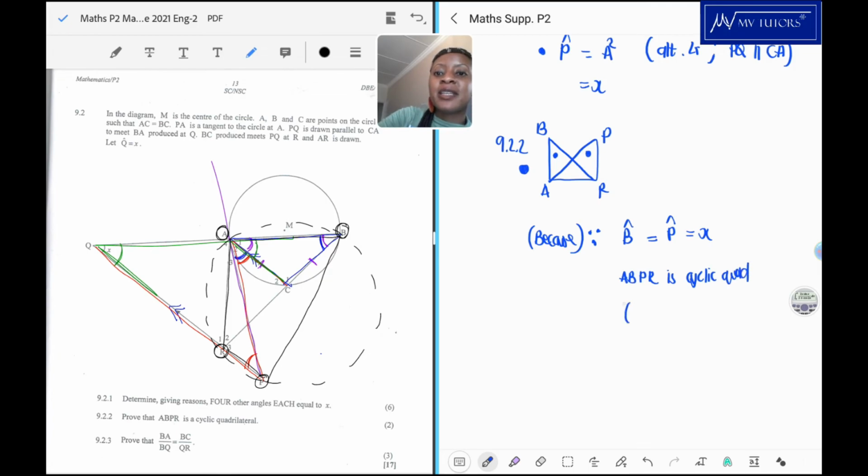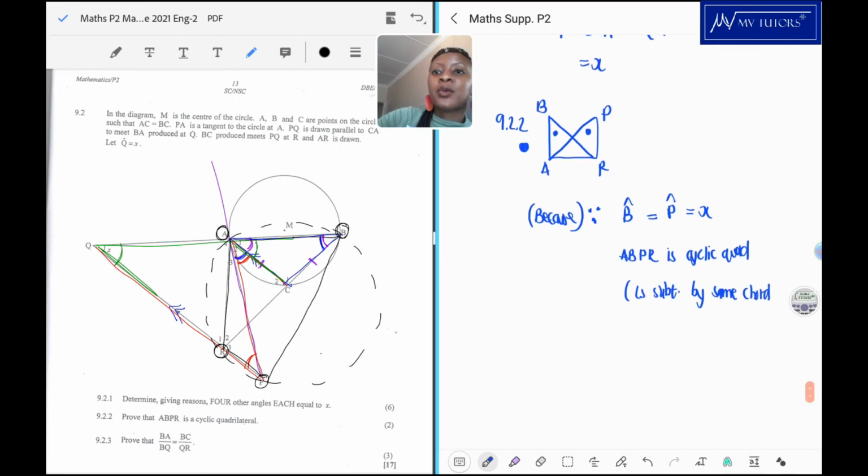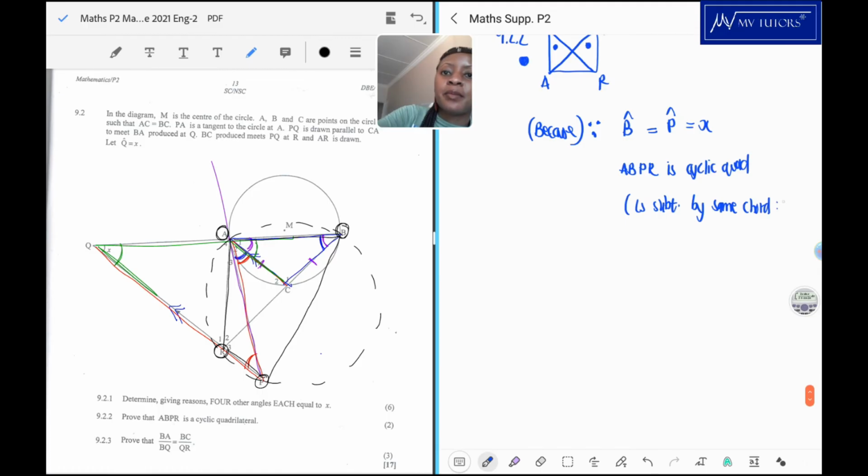And the reason is angles subtended by same chord, and that chord was AR. Okay, a nice 2 marks.